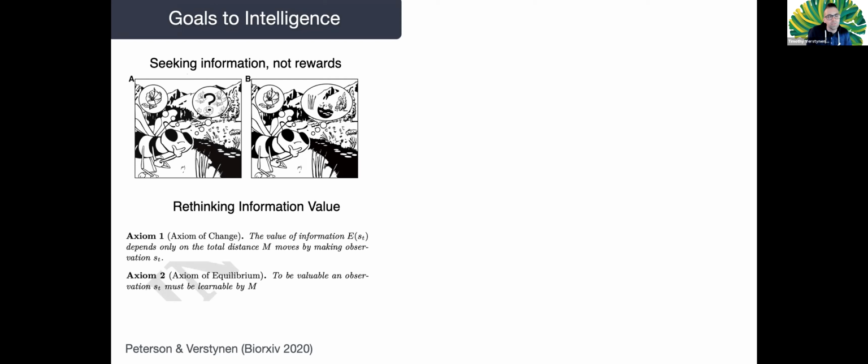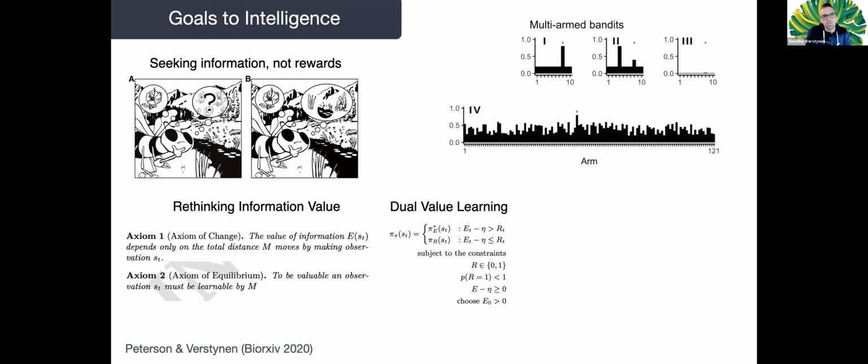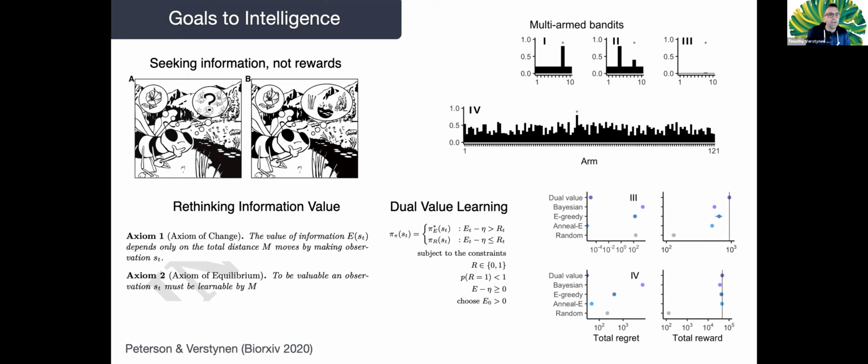So why do animals explore? How can we get this to be implemented in neural networks? I'm not going to go through the details, but basically we've come up with a fundamental theory that resolves the exploration-exploitation dilemma. It's a fundamental theory of how animals, humans, and artificial agents can decide between exploring, finding information, and exploiting, receiving resources.